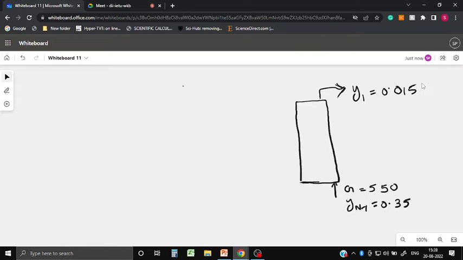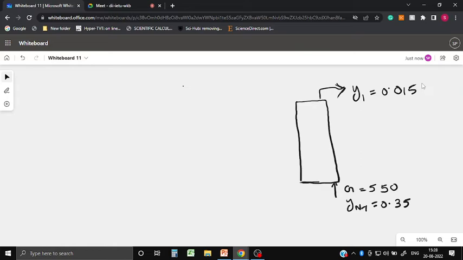First we need to convert these mole fractions into mole ratios. We know that the mole ratio Y is given as mole fraction divided by 1 minus y.